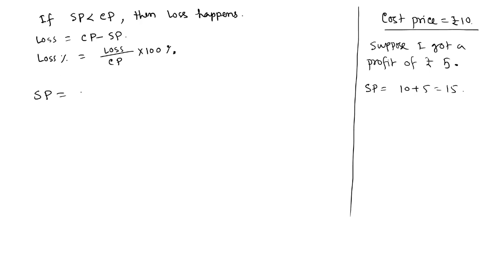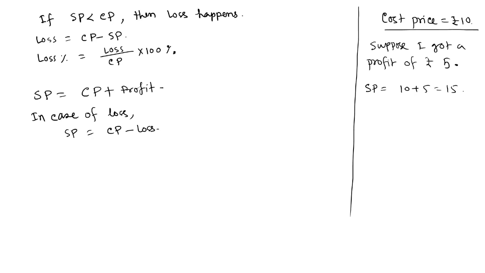So, the selling price is nothing but the cost price plus the profit, if there is a profit. Now, if there is a loss, then I have to subtract the loss, because the selling price would be less than the cost price. So, in case of loss, the SP becomes CP minus loss.